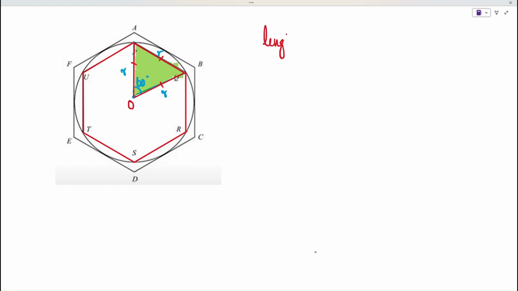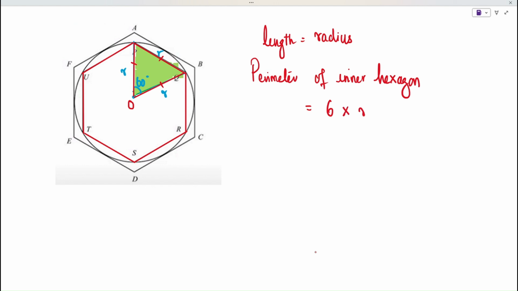Since we know the length of one of the sides, we can find the perimeter of the whole hexagon. For this, we can do 6 times r. And so that can be brought together to give us 6r. And here we have the perimeter of our inner hexagon.